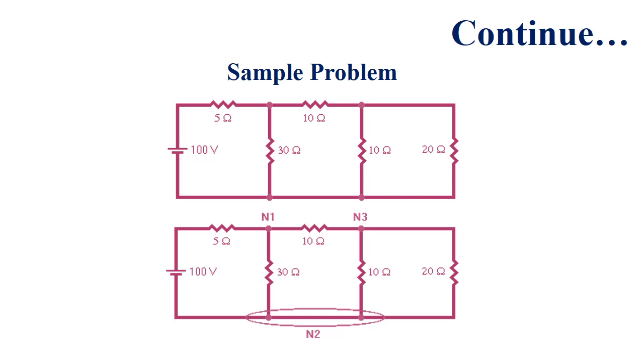Then we have node 1, the connection point between 3 branches, meaning 3 resistors of 5 ohm, 30 ohm and 10 ohm. And then we have the last node, node 3, the connection point between 3 resistors, 10 ohm, 10 ohm and 20 ohm.